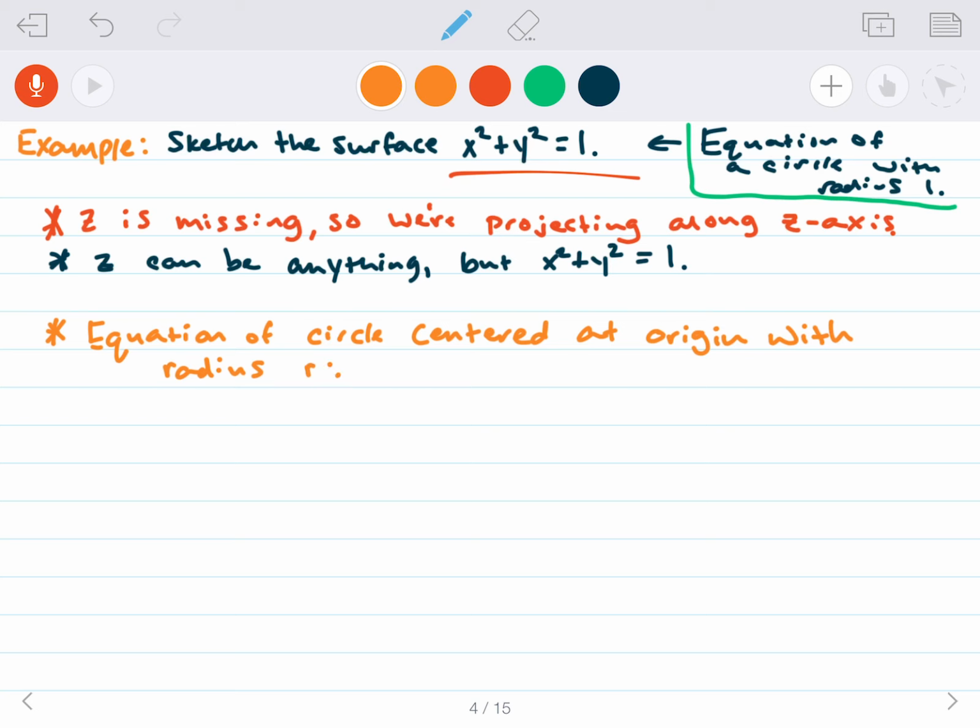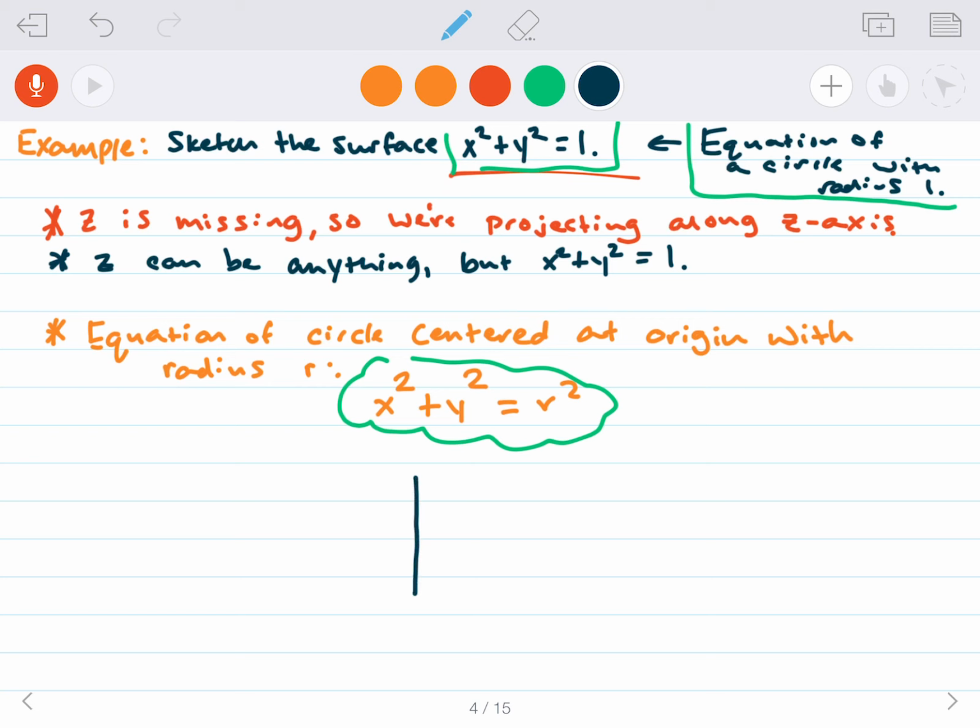So a circle centered at the origin with radius r is x squared plus y squared equals r squared. It's the equation of a circle, and we can see in our case, our radius of a circle is 1. So this is a classic cylinder that you're used to seeing.